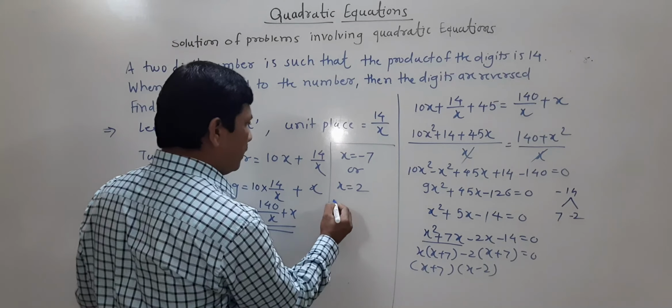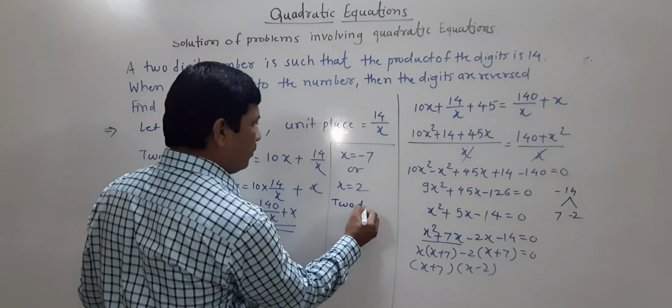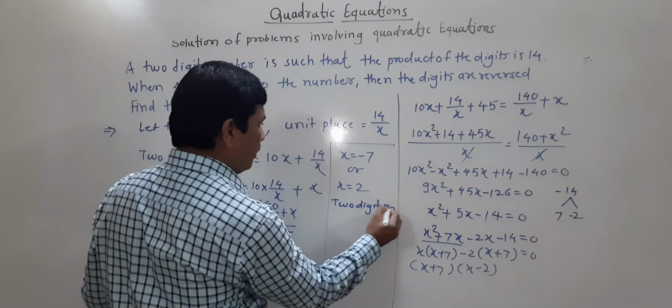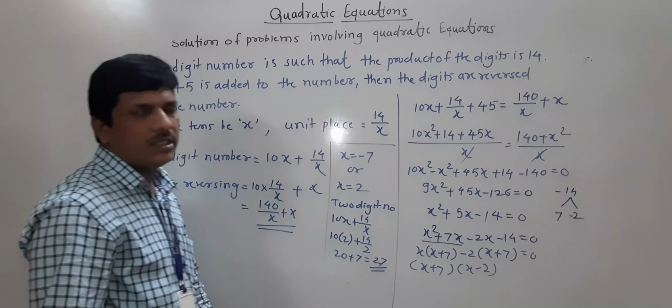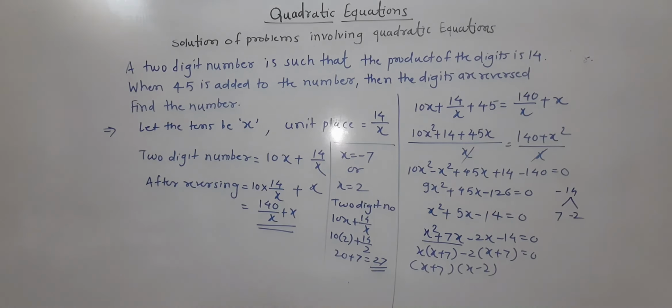The number is a 2-digit number, 10x plus 14 by x. So 10 into 2 plus 14 by 2. So 20 plus 7, that is 27. 27 is the required answer.